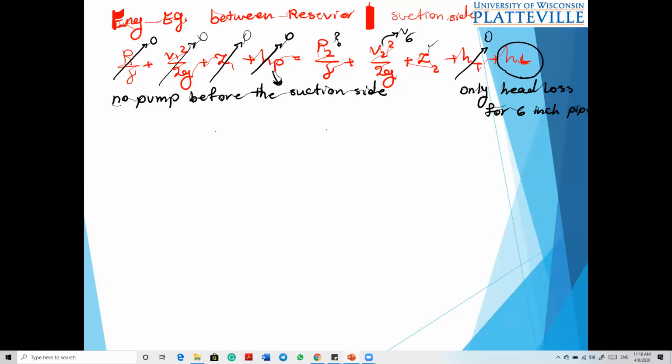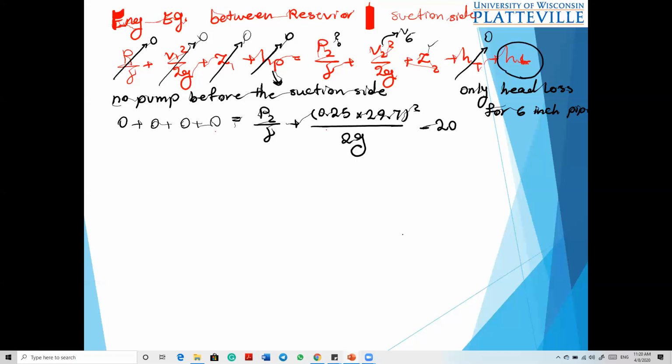All right, let's substitute the numbers and see what we get. 0 plus 0 plus 0 plus 0 is equal to pressure head at suction side plus V2, velocity at suction side, which is 0.25 multiplied by V3, which is 29.7, squared over 2g, minus 20, the elevation is minus 20, plus 0 plus head loss, which is 5.25 multiplied by 29.7 squared over 2g.